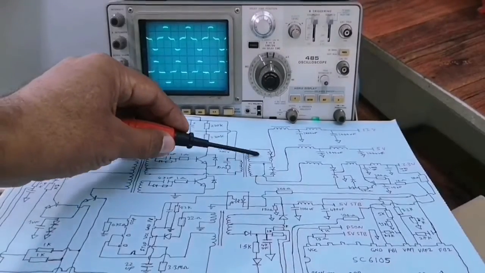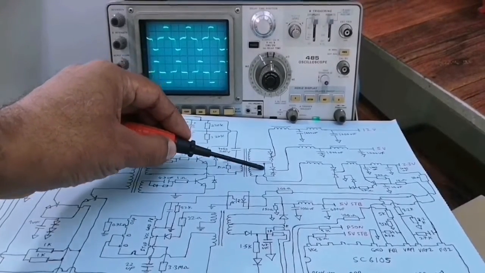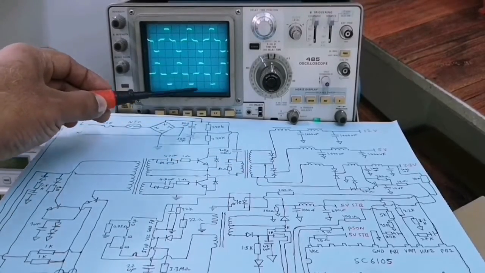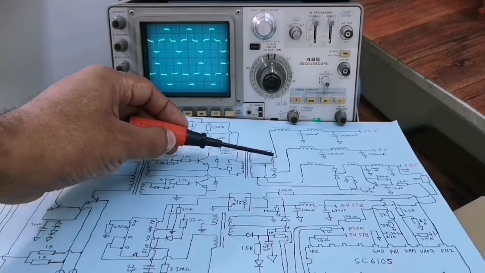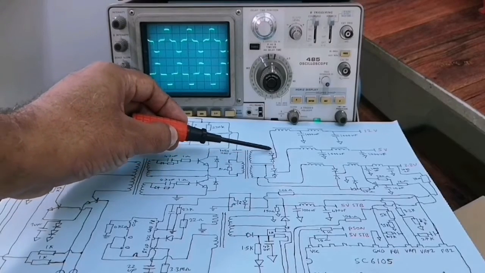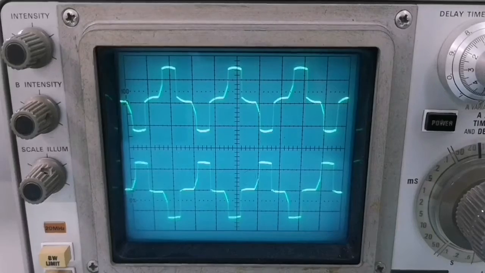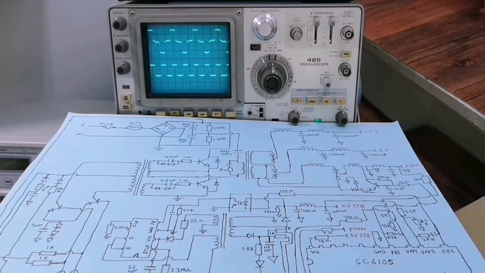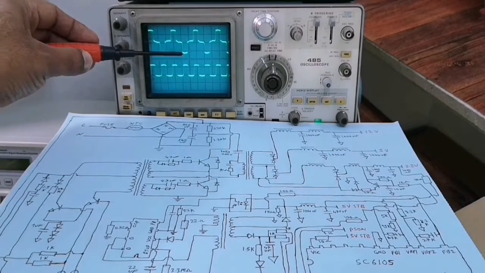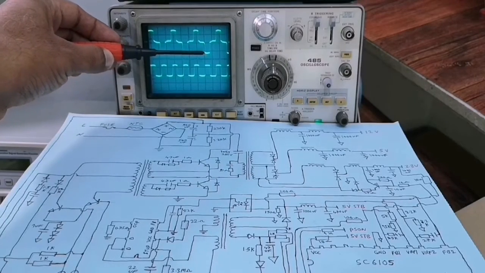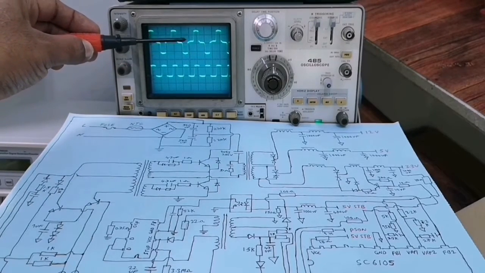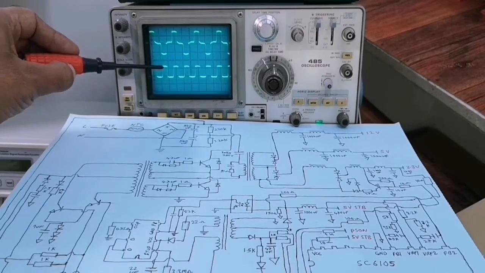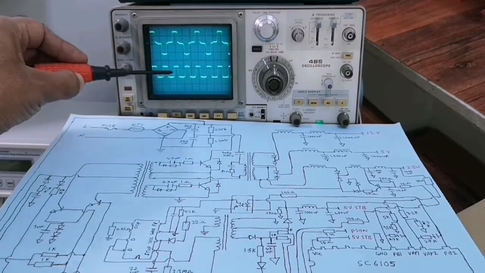Now let's see the signal at the secondary side. This is the input to both sides of the common cathode fast recovery diodes, and at the output side it just does the rectification and brings the negative cycles to the positive side, and we get both combined wave.